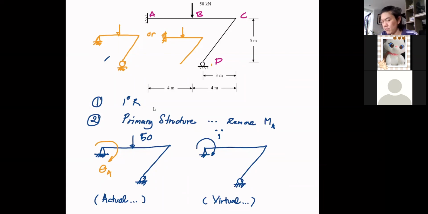Excuse me. Yes. As far as I've seen in all the problems, you use the direction of the removed force to be opposite as the actual. It doesn't really matter, you know. I just wonder if you can show it.